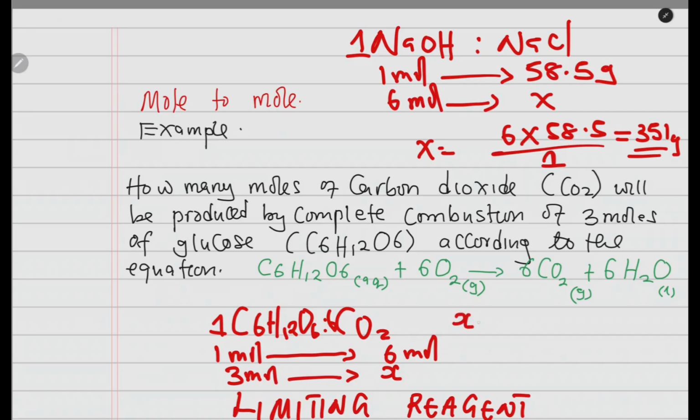In this case, you have x is equal to 3 multiplied by 6 divided by 1, which is just the same as 18 moles. So if I'm not mistaken, 18 moles of carbon dioxide. Okay, so that is how you basically look at this.